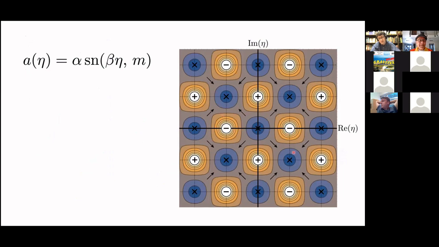But now I'm showing it in the complex conformal time plane, and you see it has this property that all elliptic functions do, which is that they're the special functions that are doubly periodic in the complex plane. They have two different directions in which they're periodic. So you see it has a periodicity in this direction as well.